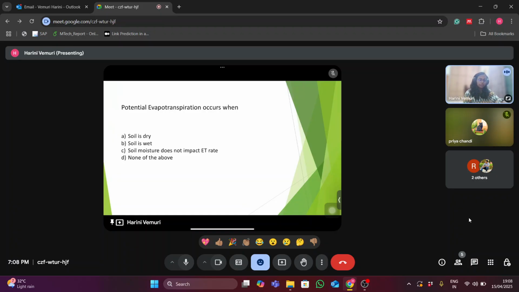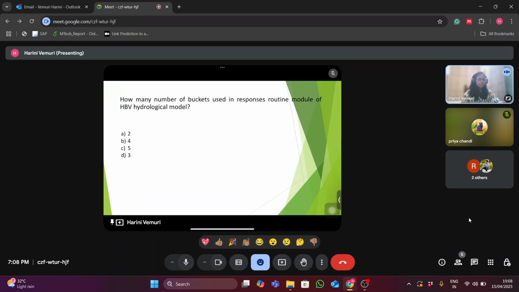If you remember, when the soil is completely wet, then whatever evapotranspiration is occurring will be equal to potential evapotranspiration. If it is not wet, if it is dry or unsaturated, semi-saturated like that, then whatever evapotranspiration is occurring is equal to actual evapotranspiration.